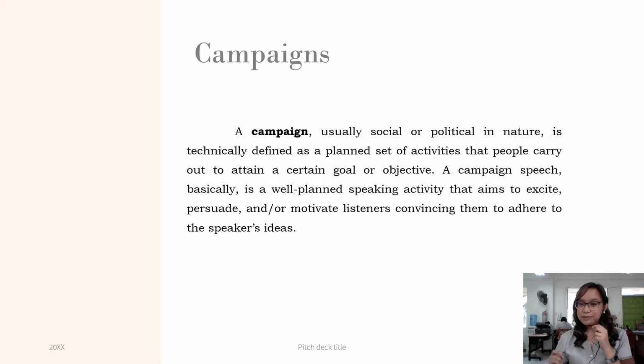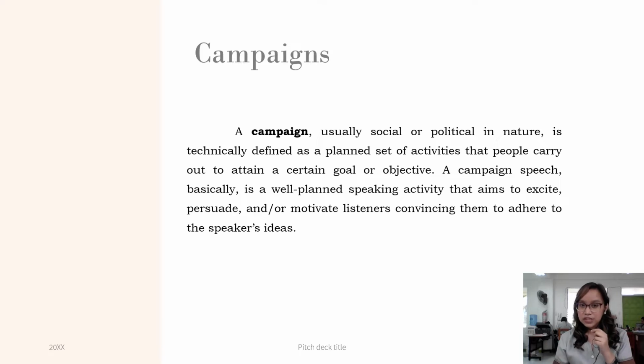So you call it a campaign. It is technically defined as a planned set of activities that people carry out to attain a certain goal or objective. But campaigns aren't just limited to politics. They are also social in nature, and campaigns can be like environmental campaigns, zero waste products, so you call it a campaign.